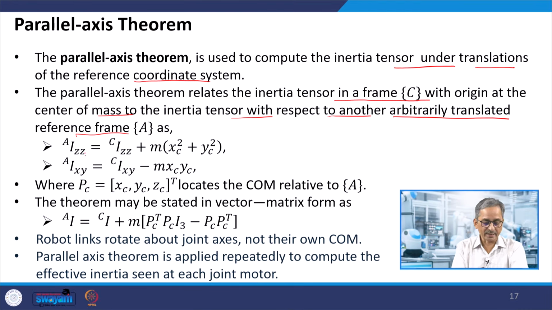Say Izz about A will be Izz about the center of mass C, plus m times xc square plus yc square. Similarly, Ixy about A is equal to Ixy about C minus m xc yc, where xc, yc, zc is the location of the center of mass relative to A. The theorem may be stated in a vector matrix form by this relationship.